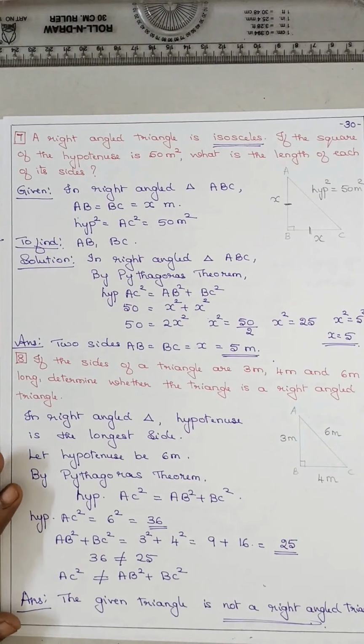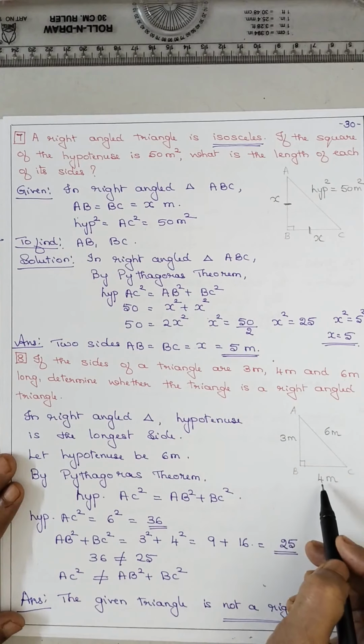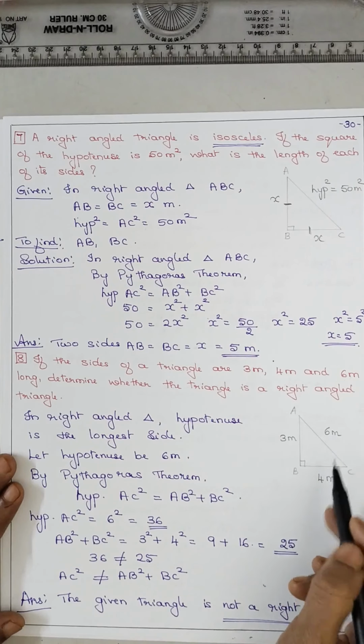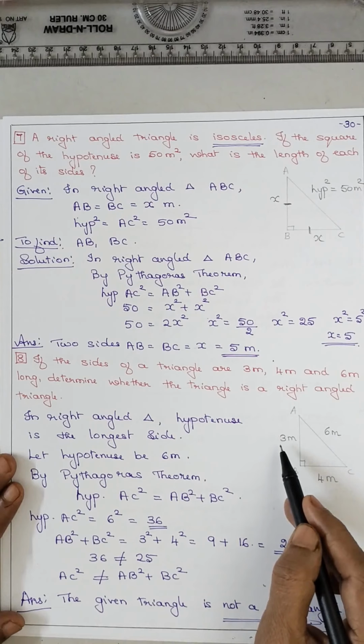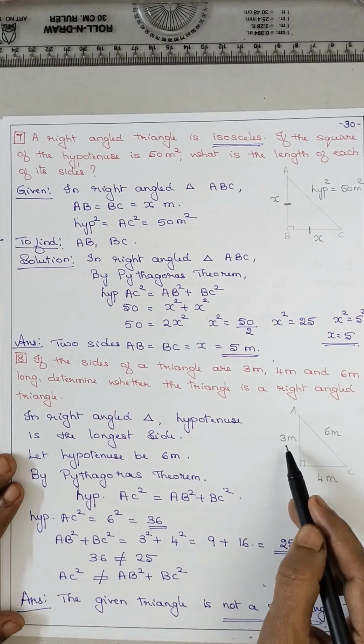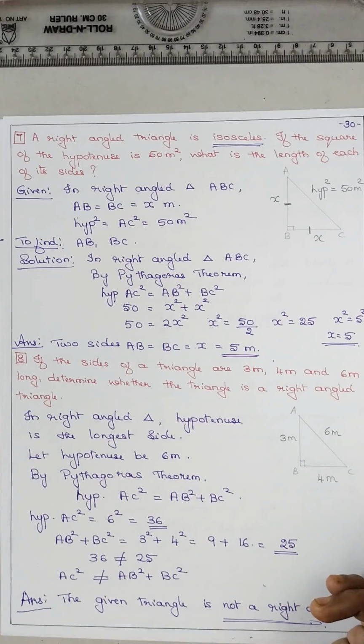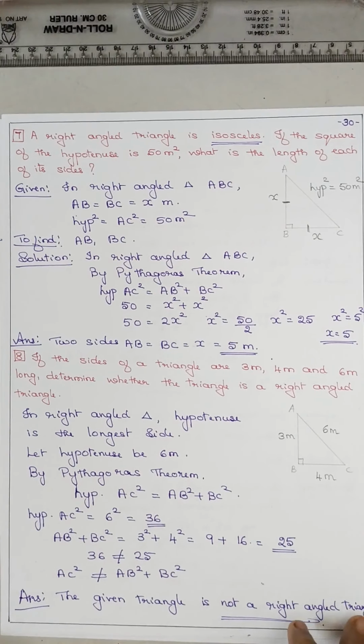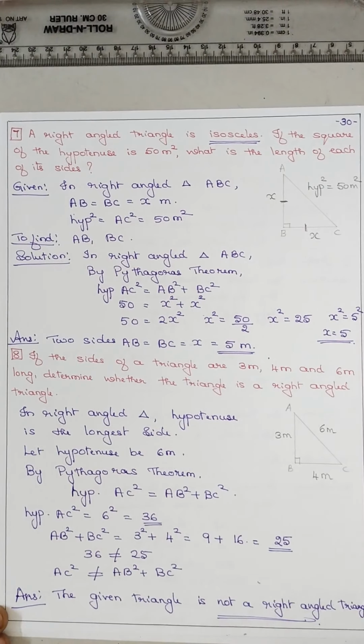Whether it is a triangle or not, what do you do, add two sides, it should be greater than the third. 3 plus 4, 7 greater than 6. 4 plus 6, 10 greater than 3. 6 plus 3, 9 greater than 4. So they are the sides of a triangle, but they cannot be the sides of a right angle triangle. Why? It has to fulfill the Pythagoras theorem. That is why it cannot be a right angle triangle.